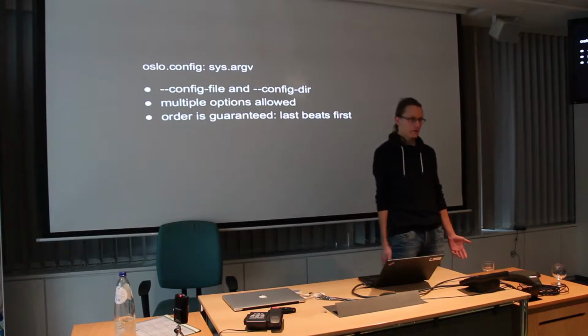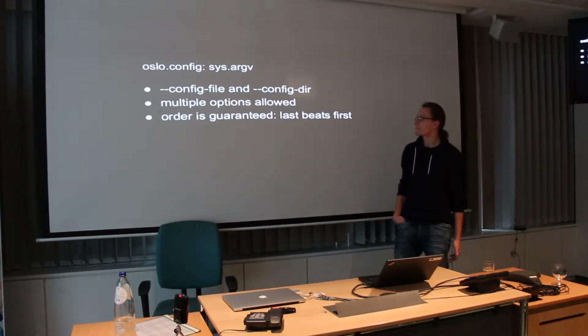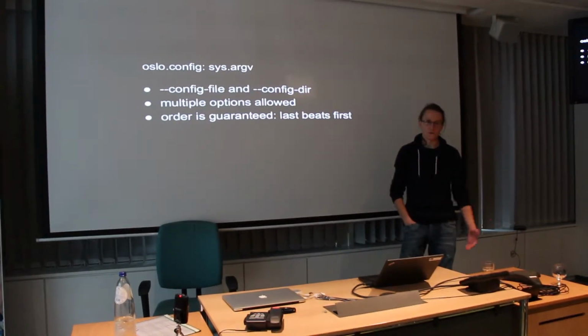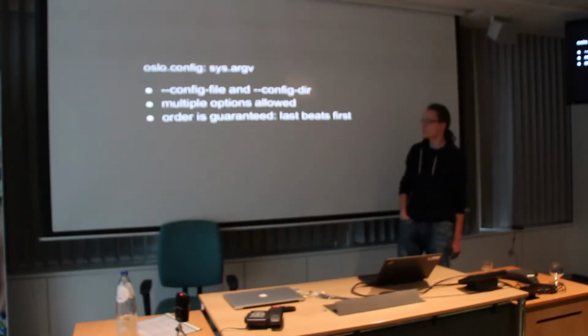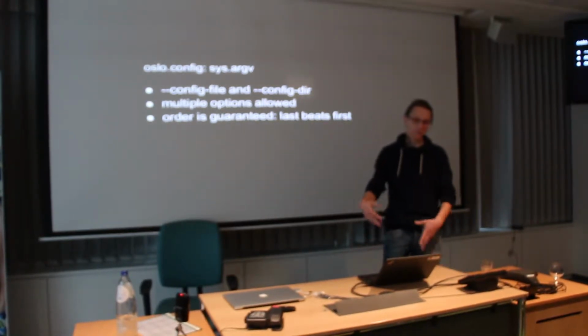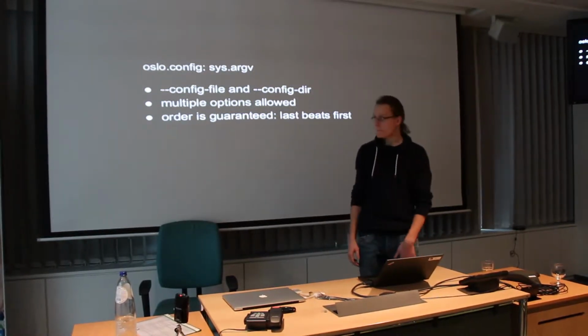So what's inside RB? Basically, it's a set of options, either config file or config dir, and maybe some others, but these are the options that the library is interested in. So obviously, the config file reads just one file, and config dir will read any files that are located in this directory. You can mix them.